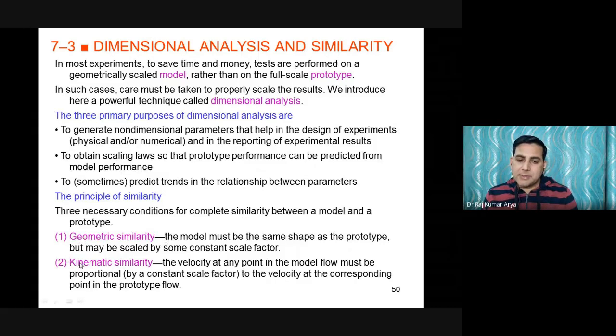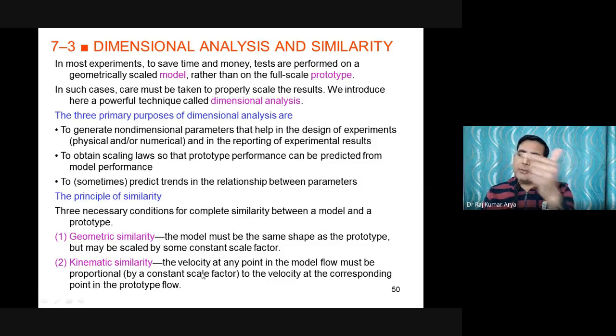The next similarity is called kinematic similarity. This says that velocity at a point in the model flow must be proportional to that in your prototype, multiplied by some factor. Let's say you are calculating velocity at the tip of the impeller.